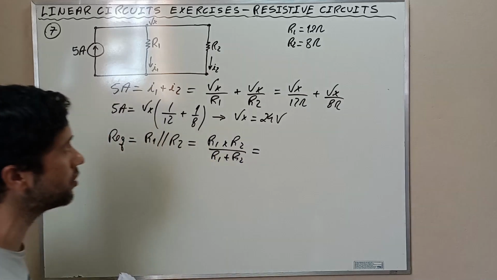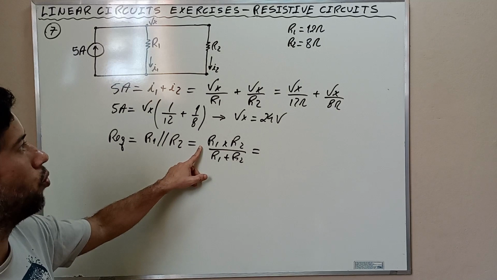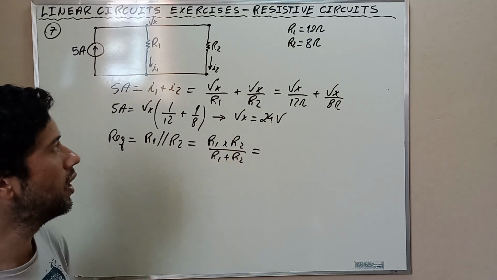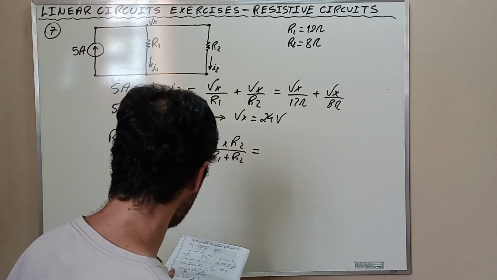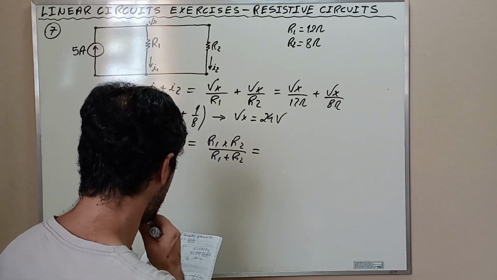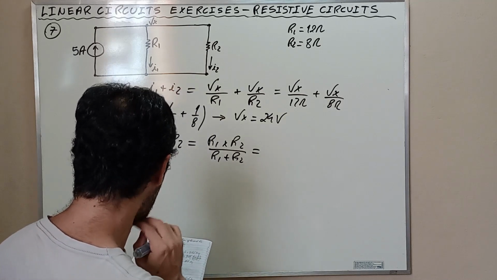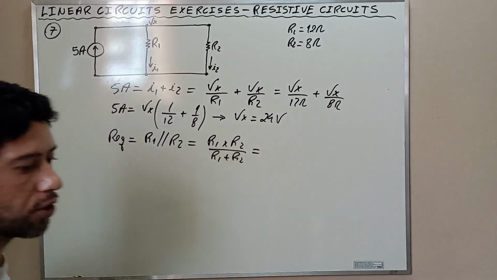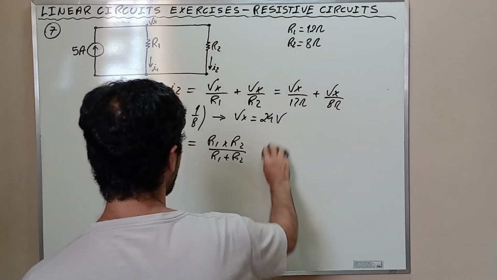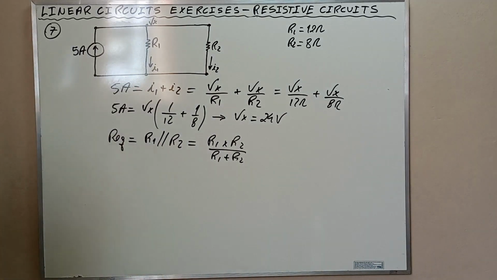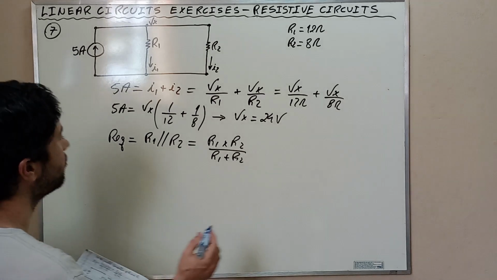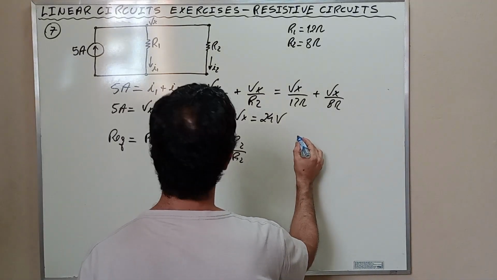Substituting the values R1 12 and R2 8, we find the value of the equivalent resistance. But we are not going to worry about this now. We are going to calculate this later. And using the equivalent resistance, we find this.